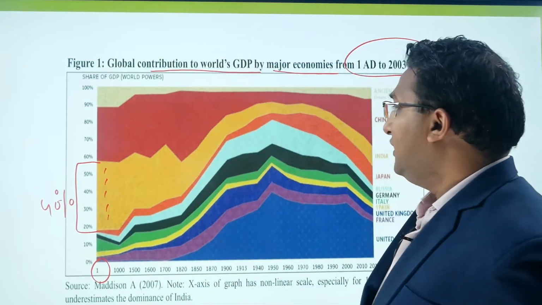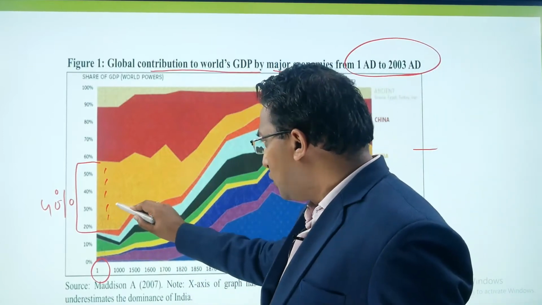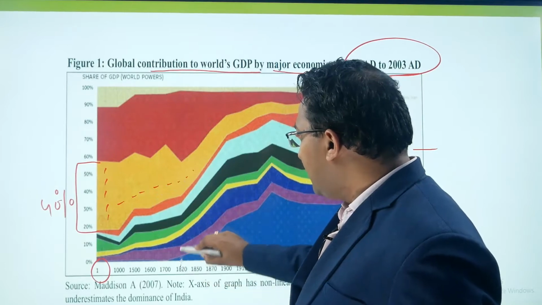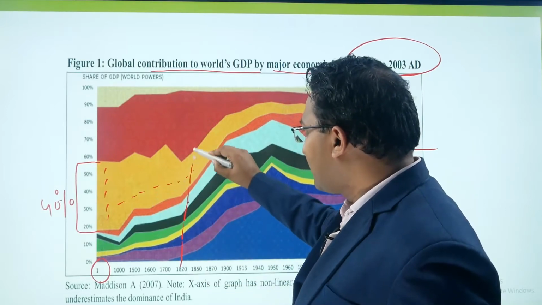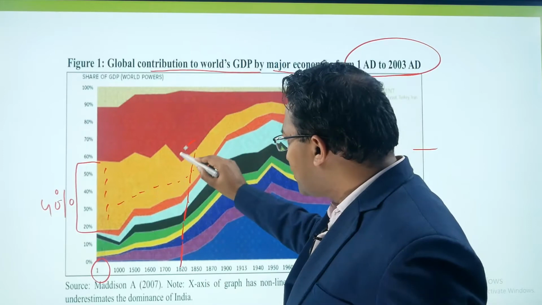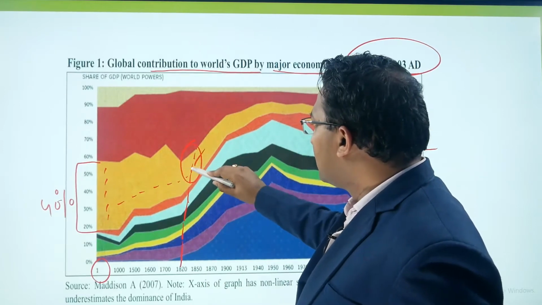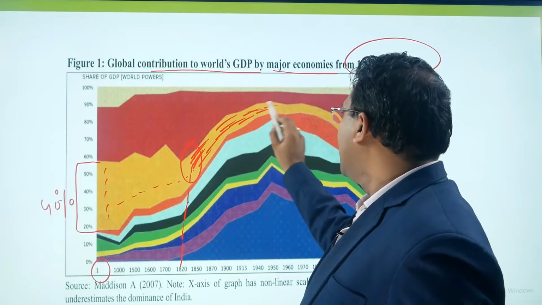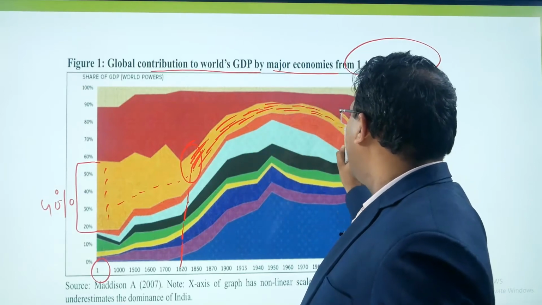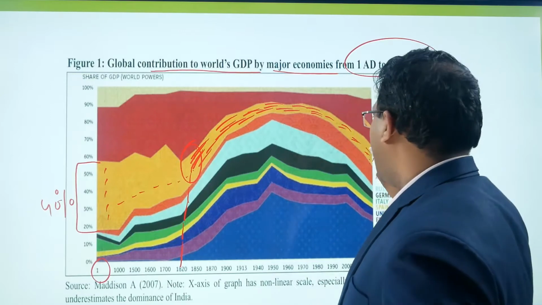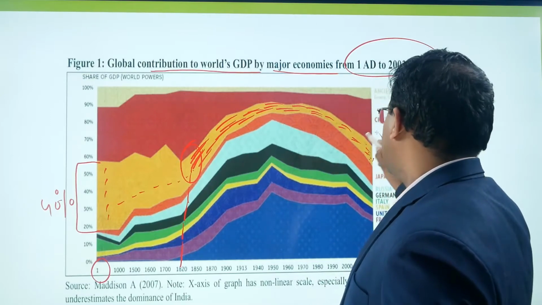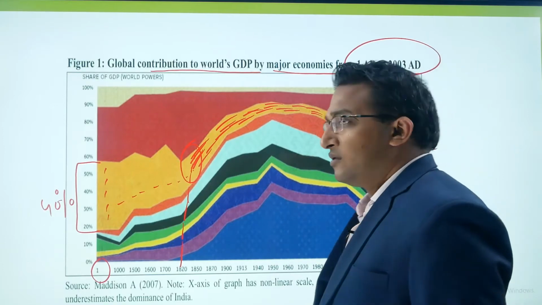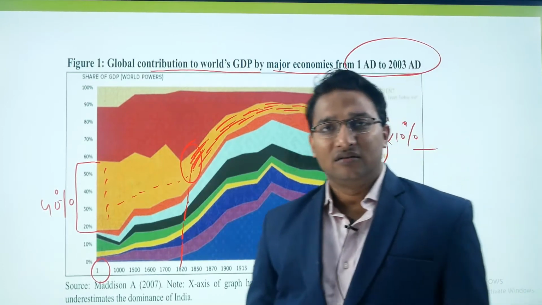And if we see over a period of time, especially after the 1820s, after the Britishers acquired the power, the drain of wealth resulted in reducing India's contribution in the world economy. And you can see as of now, this is even less than 10%. So, the drain of wealth by the Britishers.